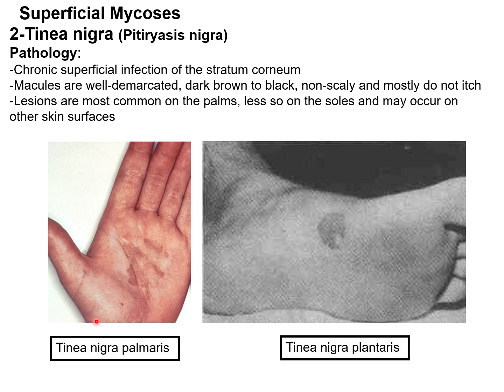If they happen on the palms, this is called Tinea nigra palmaris, and if it happens on the sole of the foot, it's called Tinea nigra plantaris. So these look like somebody worked with silver nitrate and had a stain there, so they don't look like something to worry about that much. They might occur in other skin surfaces, but they're mostly seen on the palms.